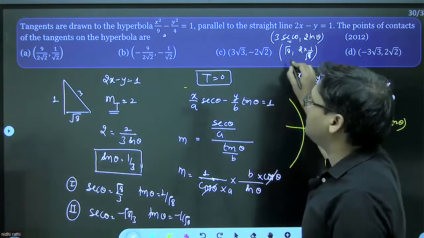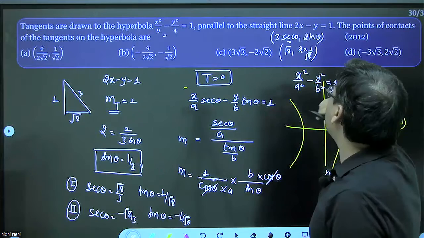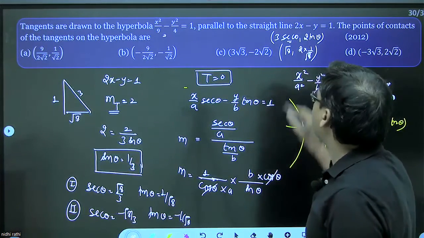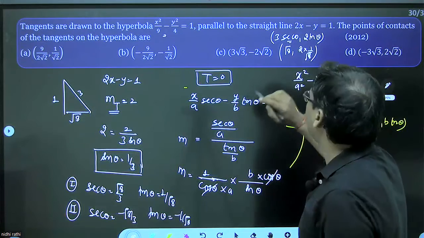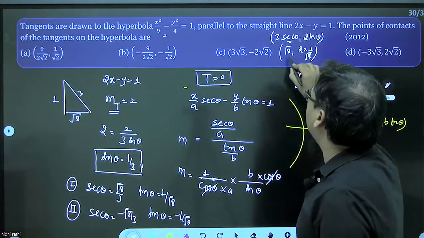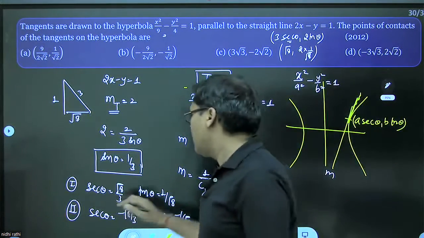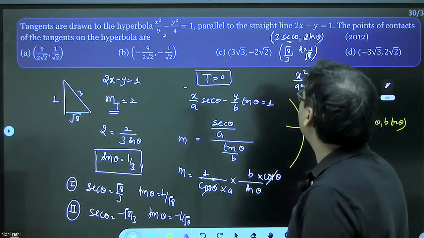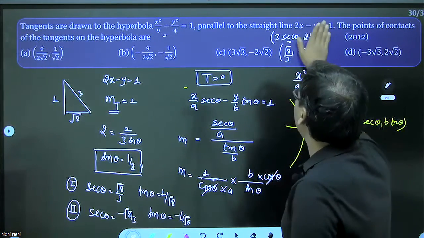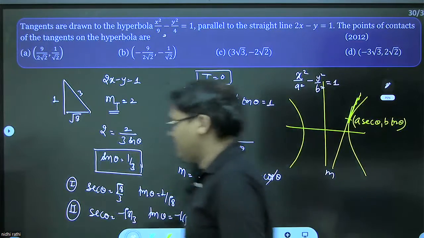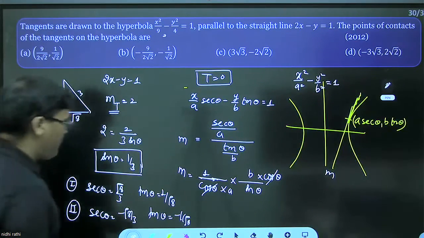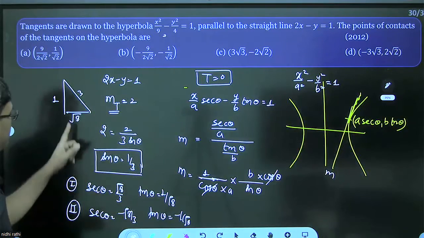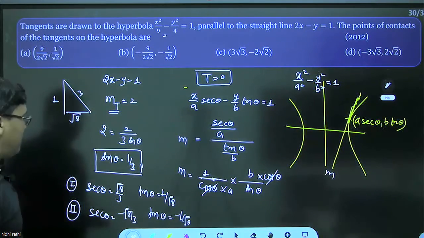So you can check, I think we have made some mistake here. Sorry, sec theta is root 8 by 3. Let me do the calculation again. This is 1 by 3, this is 3, 1, this is root 8. Correct.